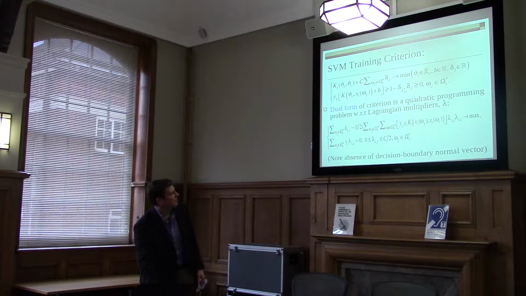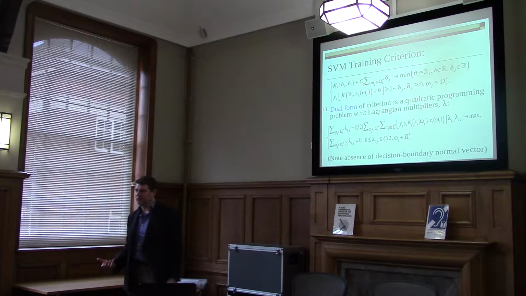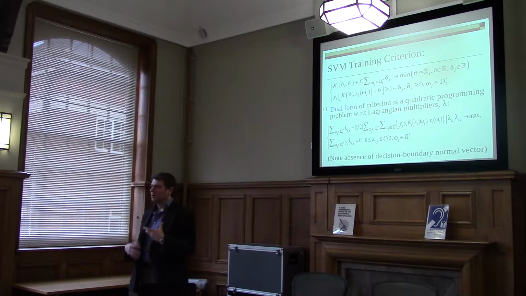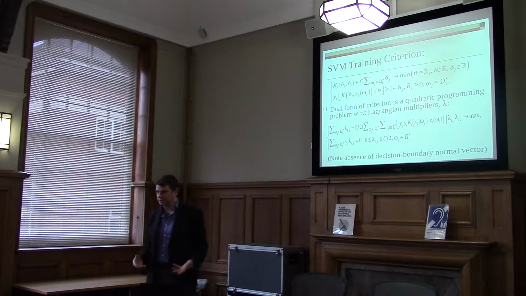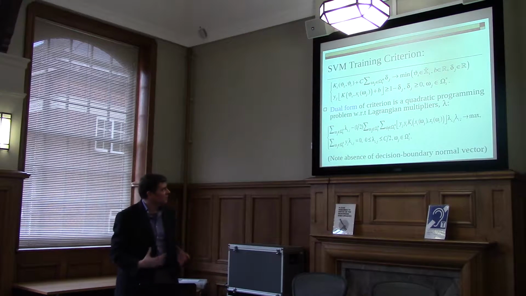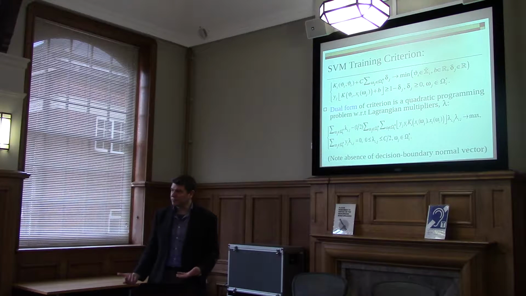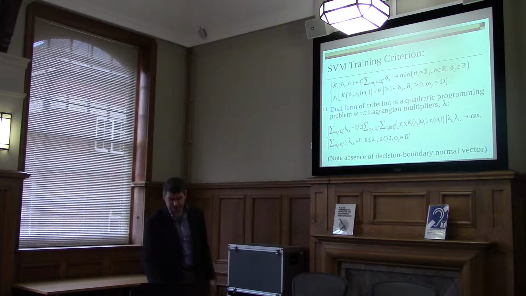And the degree of slackness is effectively parameterized by C. So C is a free parameter in a support vector machine, typically, and you either need to cross-validate to set that to a particular value, or you can use something like a radial basis function that guarantees linear separability, in which case you don't need to worry about your deltas at all.